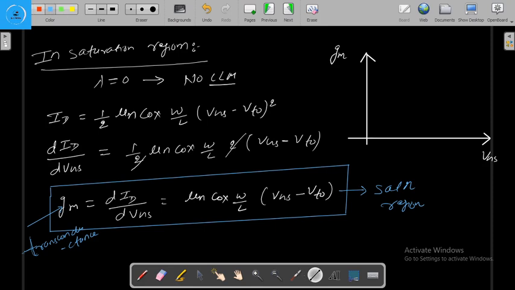The graph between transconductance and VGS will be like this, because it is starting from VT0. This is nothing but the voltage bias. This curve is called the voltage bias curve, and this is the curve between gm and VGS.